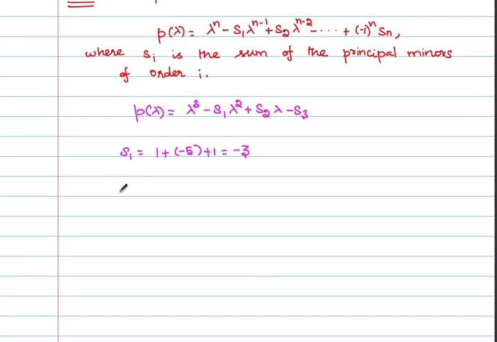Similarly, we are going to find S2. The sum of the principal minors of order 2 is determinant of A11 plus determinant of A22 plus determinant of A33. So what is A11?